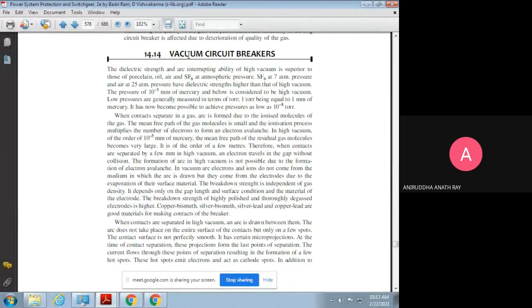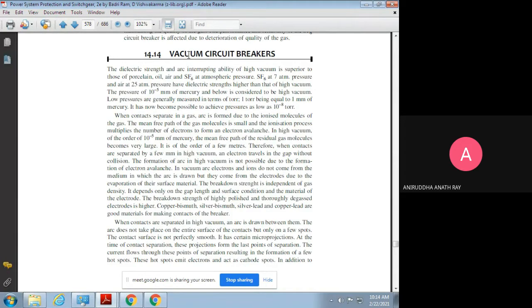The dielectric strength and arc interrupting capability of high vacuum is superior to those of porcelain, oil, air, and SF6 at atmospheric pressure. It is comparing the arc interrupting capability of these materials.